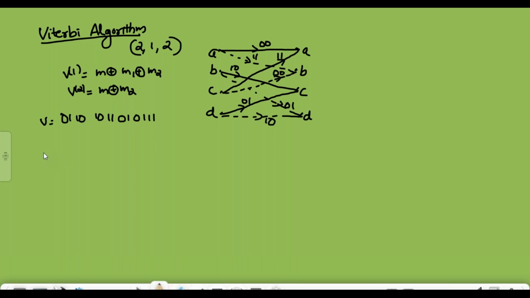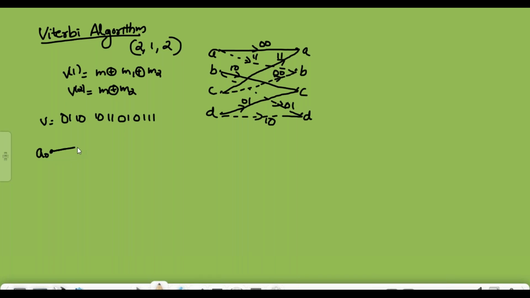Therefore, we start with that state A and represent it as A0. You take this convention A0, and then there are two possibilities: the input bit is either 0 or 1.